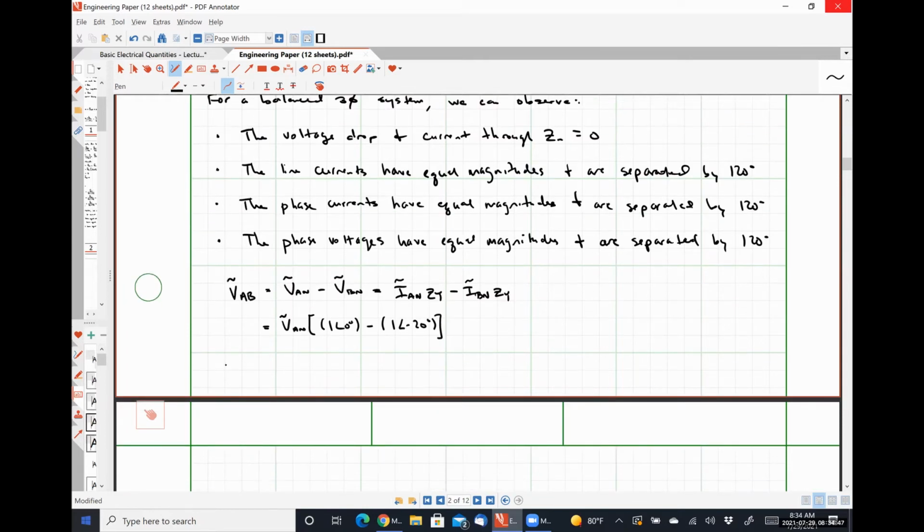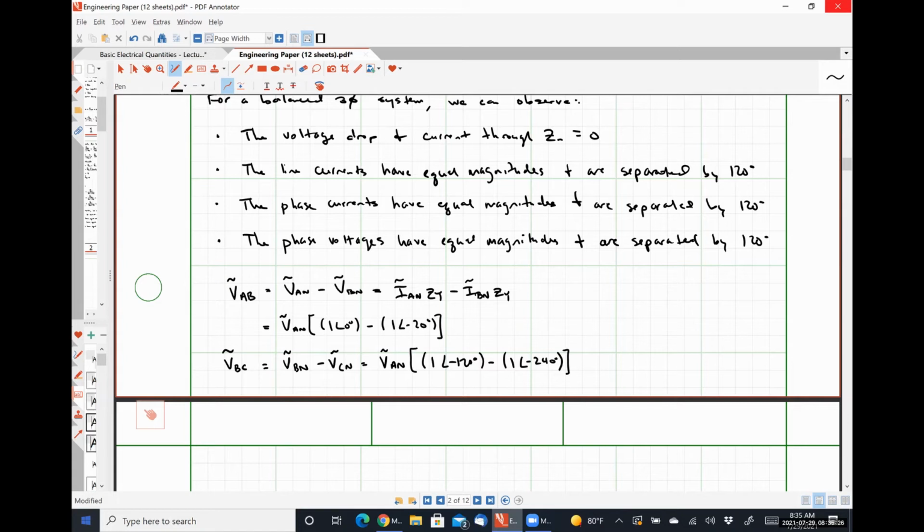When I do V_BC, that would be V_BN minus V_CN if I did KVL around my loop, which would look like V_AN times 1 angle negative 120 degrees minus 1 angle negative 240 degrees.